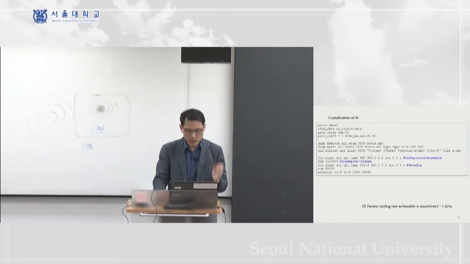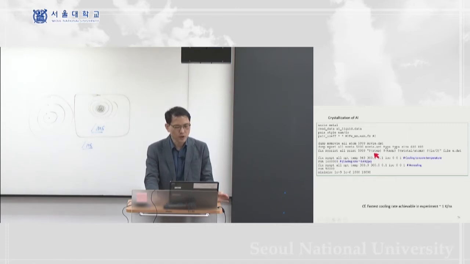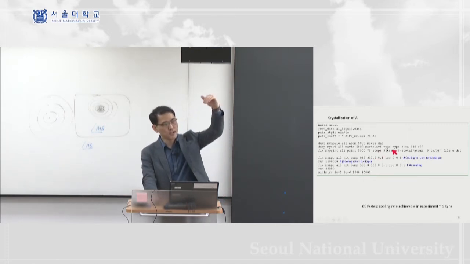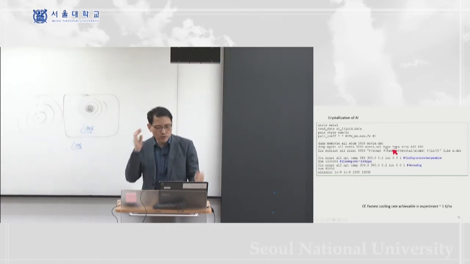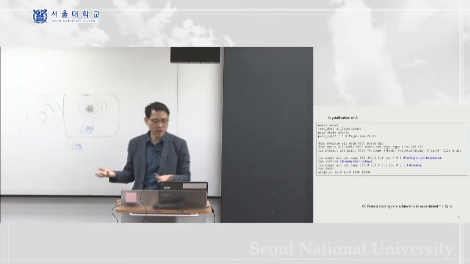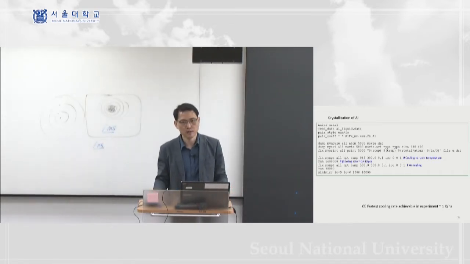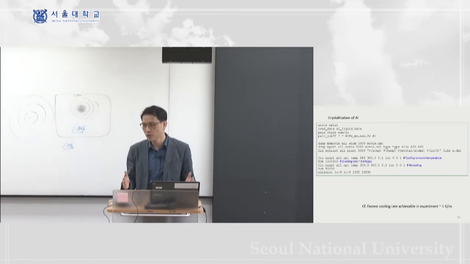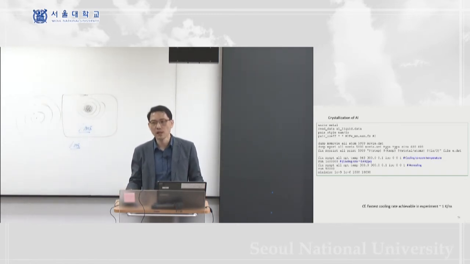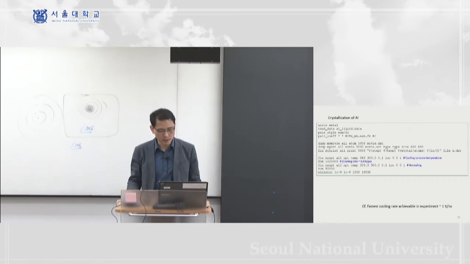But here the key question is the speed of the cooling down. In a typical experiment, when you cool it down, it takes quite a long time. Maybe you need like 1 hour to cool down 100 Kelvin.